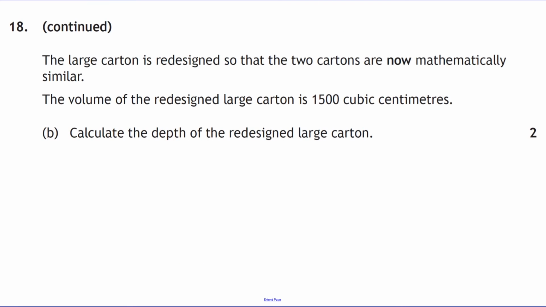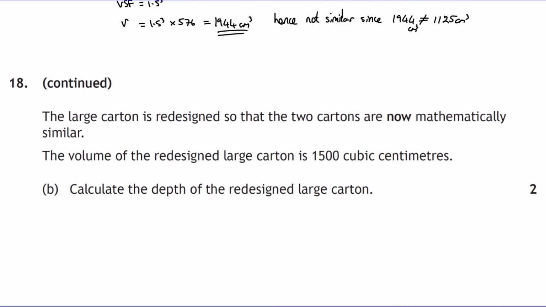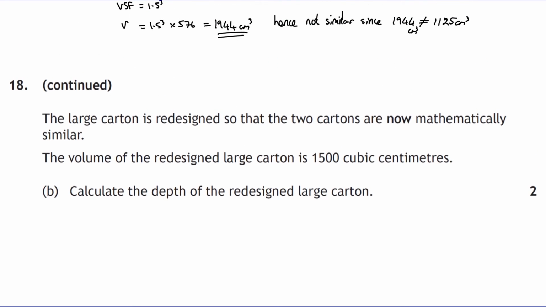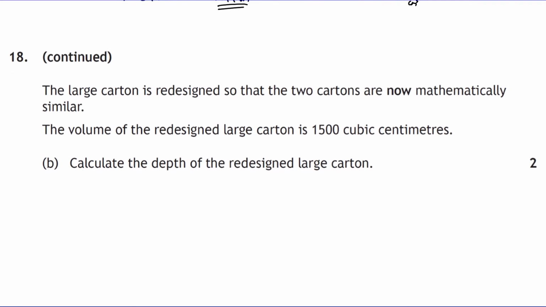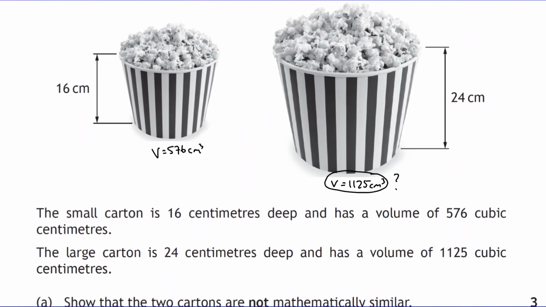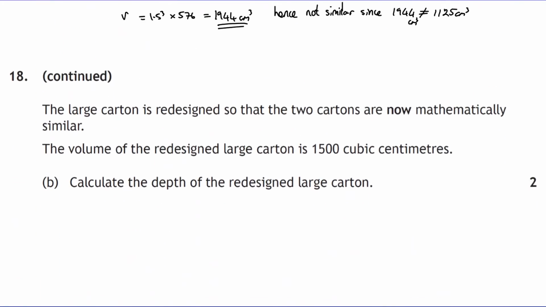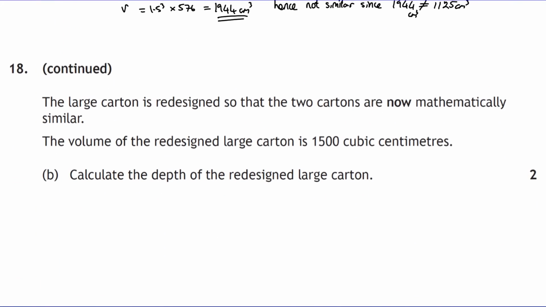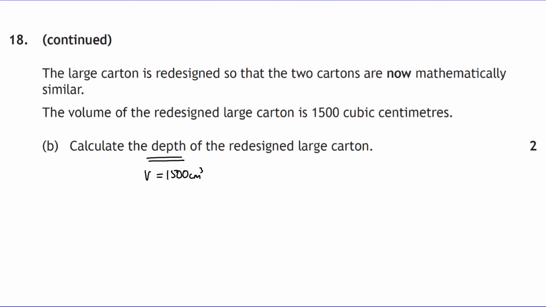So they're now mathematically similar, and the volume of the redesigned carton is 1,500 cm cubed. We're looking for the missing depth, which is essentially asking us for a missing length.